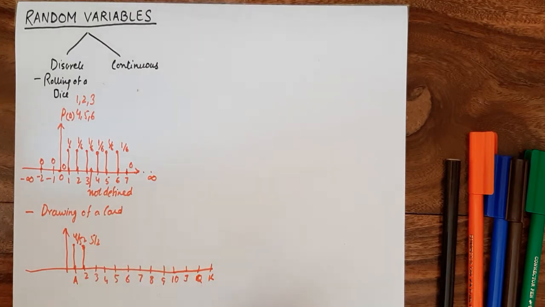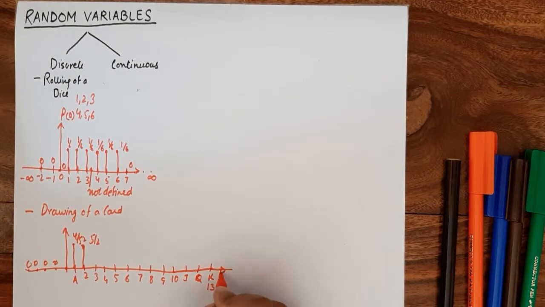So what becomes the sample space of this random variable? This random variable is defined for A to K, and for the entire space, all the other discrete values will have the probability 0. You know that if we were to label this as 13, anything beyond 14 will have a probability of occurrence as 0.